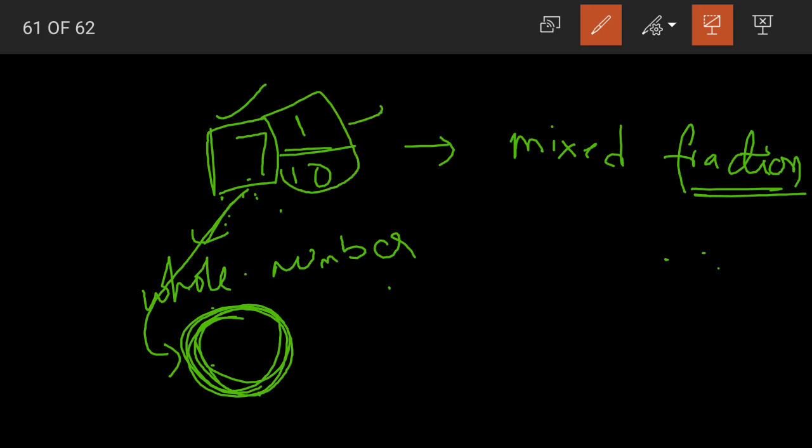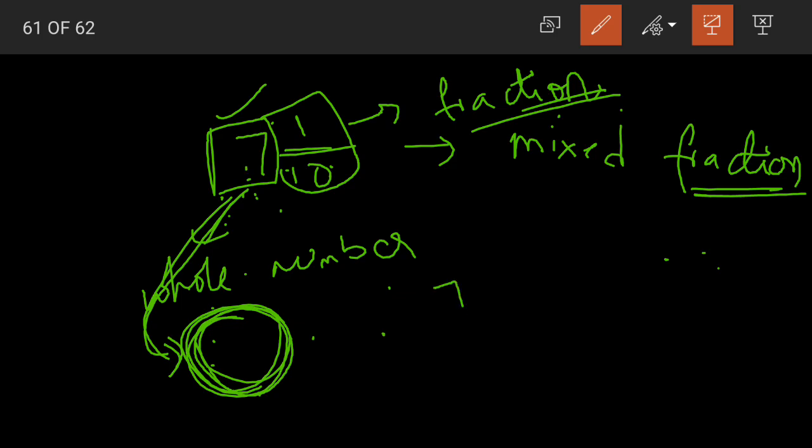And what is 1 by 10? 1 by 10 is our fractional part, our fraction. That means we have 7 wholes, that is 7 objects. And for the 8th object, after 7, this 8th one is divided into 10 parts, out of which one is shaded. Understood, children?